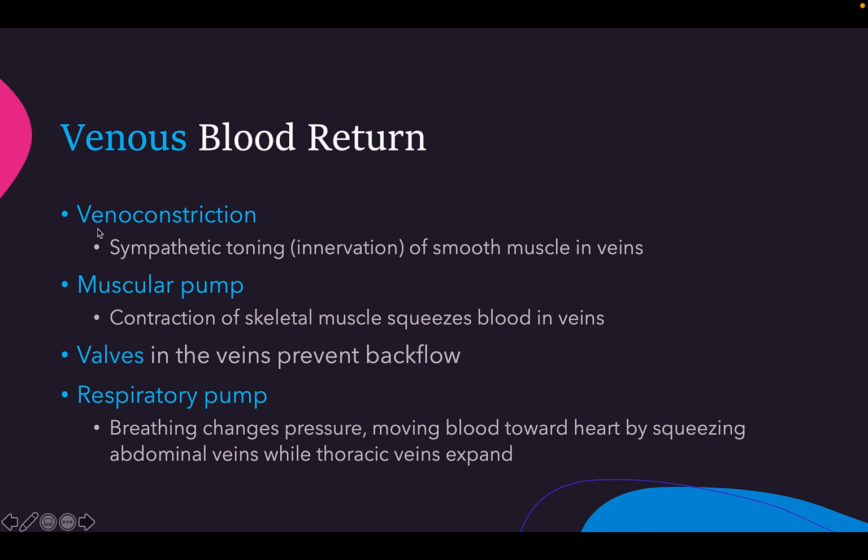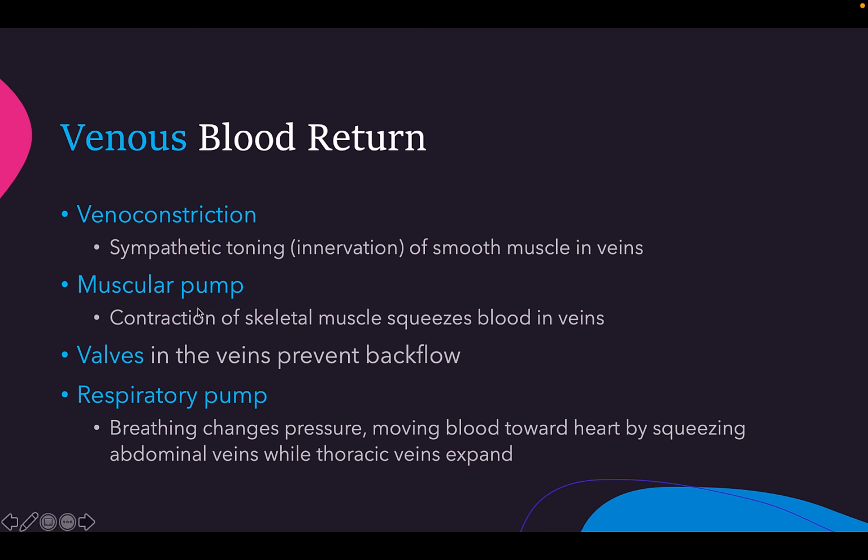We know the nomenclature designating this is venoconstriction. So this innervation is innervating the smooth muscle layer in that tunica media of the veins to help return that blood back to the heart. It's not super strong compared to the sympathetic innervation of arteries, but it's there, helping provide some level of blood return.